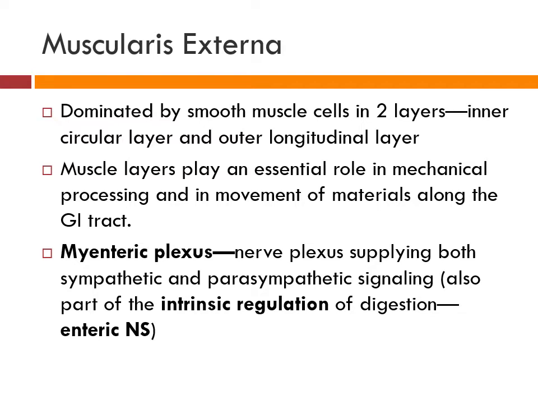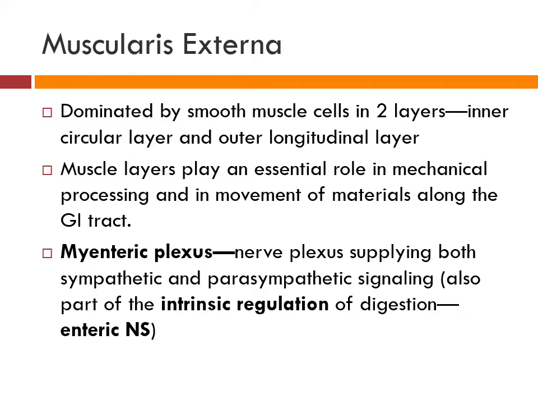And then the outer layer is longitudinal, so instead of circling around the tube, it is going parallel to the tube. The myenteric plexus is within the muscularis externa, and you can remember M for myenteric, M for muscularis, so those two go together. Versus on the last page, we looked at the submucosal plexus, which is in the submucosa.